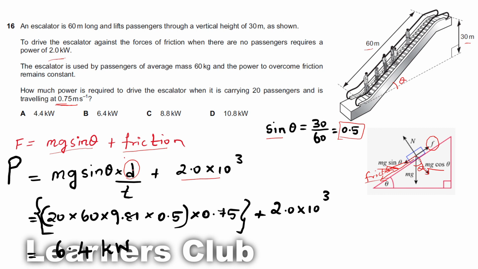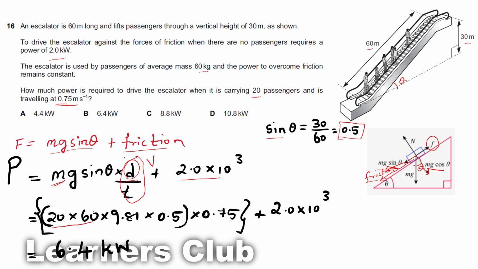Now distance over time is the speed. So this whole part is speed. M, the mass of 20 passengers. 60 kg is per passenger, so 60 into 20, that's the mass.